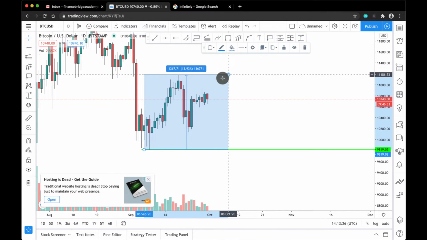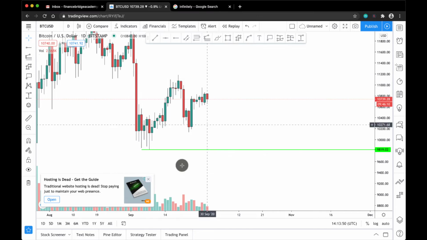The price has moved 1367.7 in the past few days. Do you understand? So from here to this place, the price difference is $1,367, which is 13.93% of the price. Do you understand? So that's basically all.